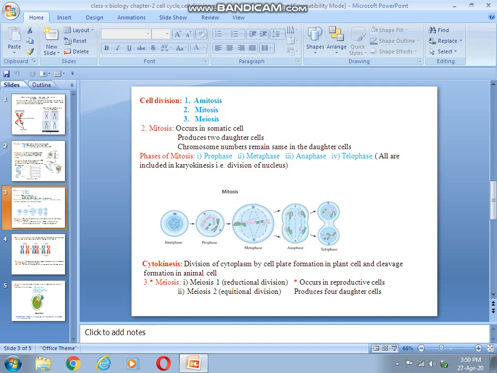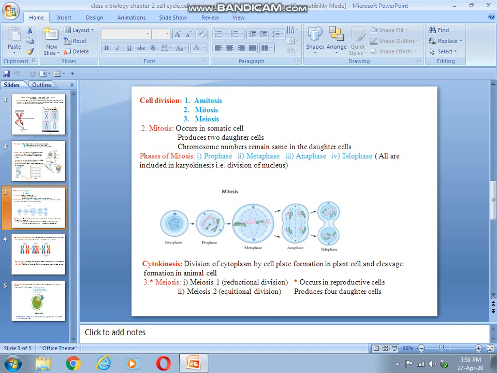That means one cell divides to form two cells, then two cells divide to form 4, 4 to 8, 8 to 16, 16 to 32. In this way, the number of cells is increased by the process of cell division. So cell division is very important for growth and development. Cell division is also very important to repair the worn out cells and tissues.